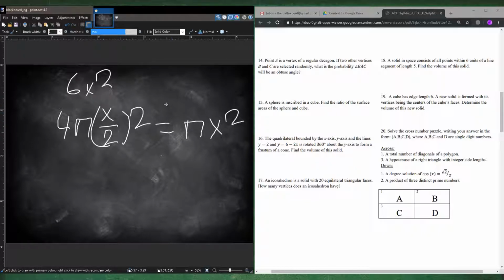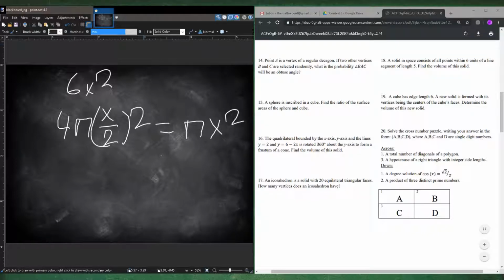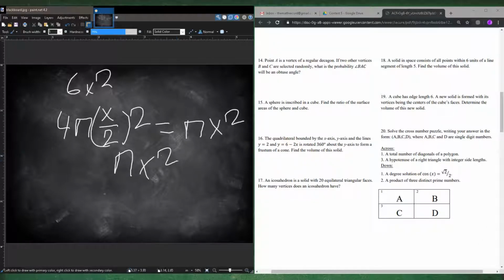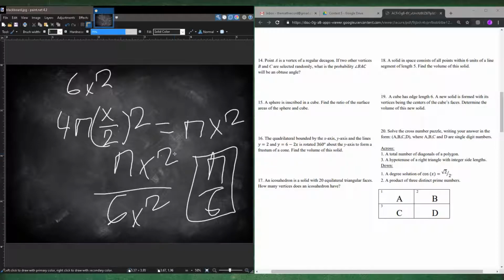So the ratio would be the sphere to the cube. So it's pi x squared divided by 6x squared, which is just pi over 6. So the answer for 15 is pi over 6.